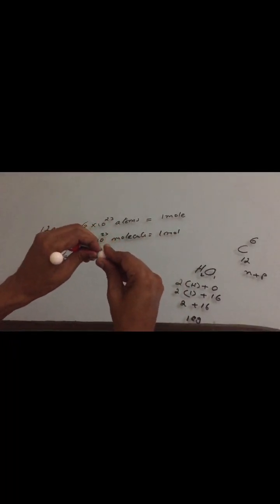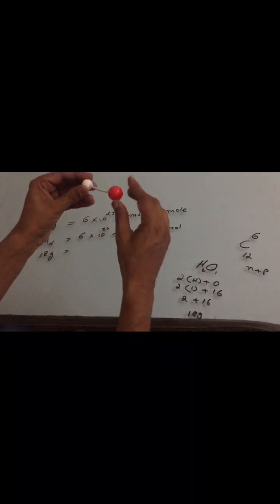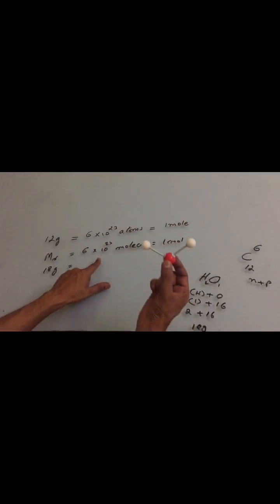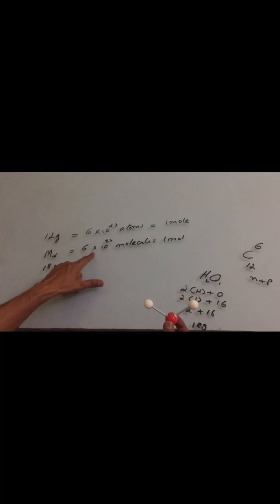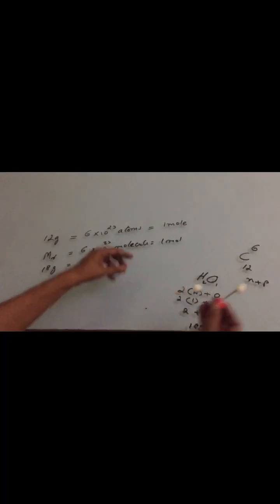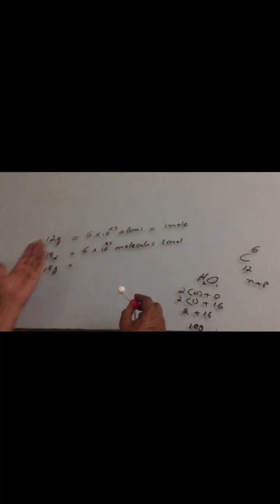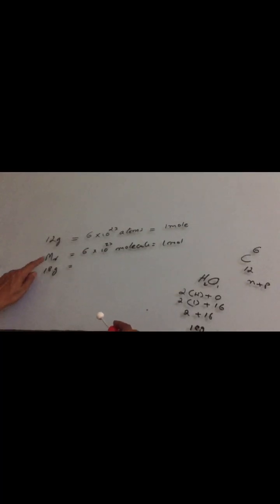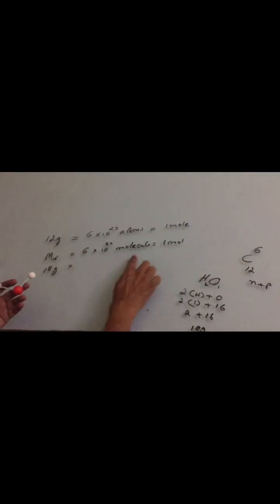So that is 1 molecule of water. But if you take 6 × 10^23 molecules and put them on the weighing machine, the molecular mass will automatically come, 18 grams, and that will be equal to 1 mole.